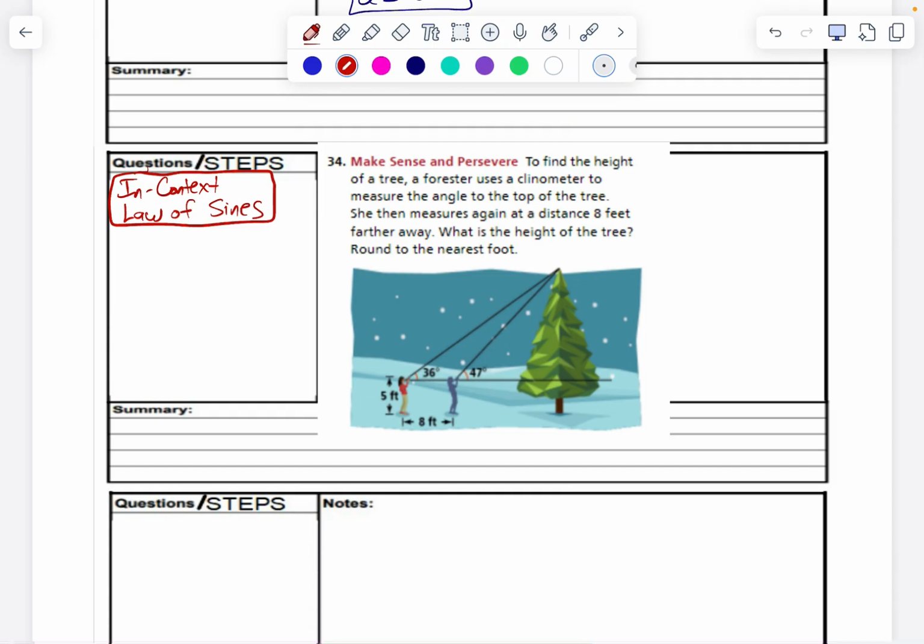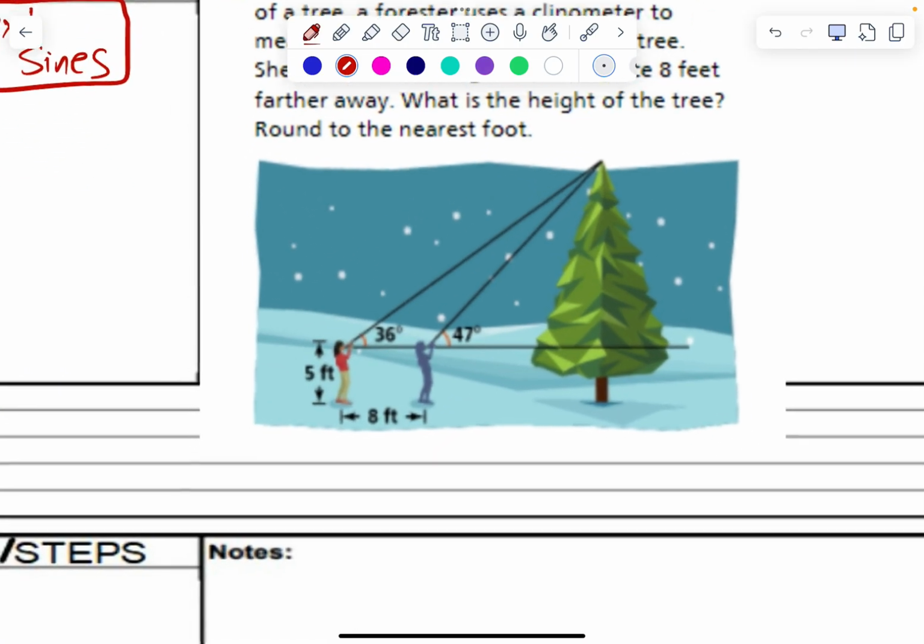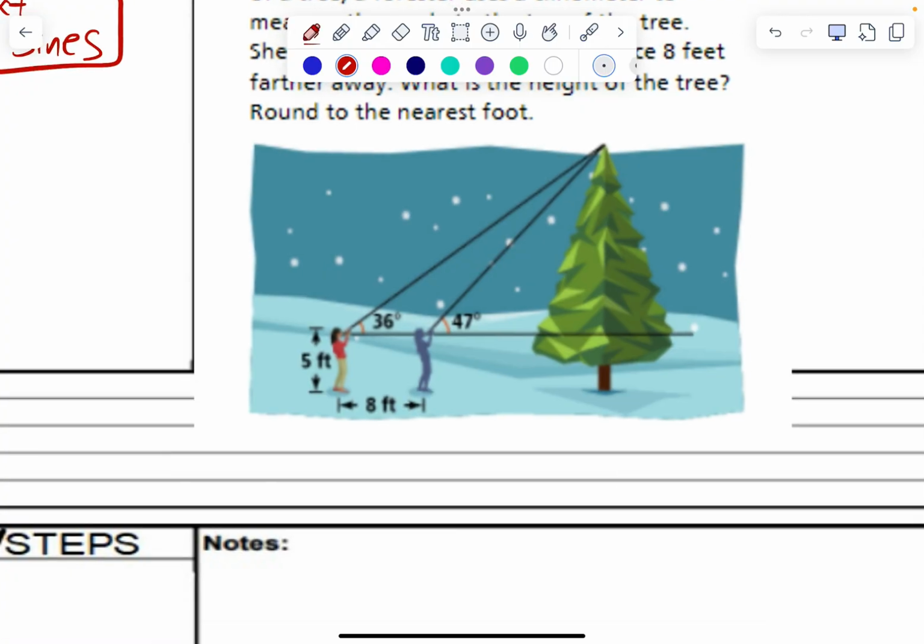Now, don't write all the words, please. Just sketch the picture. And I'll zoom it for now, so you can just sketch the picture.